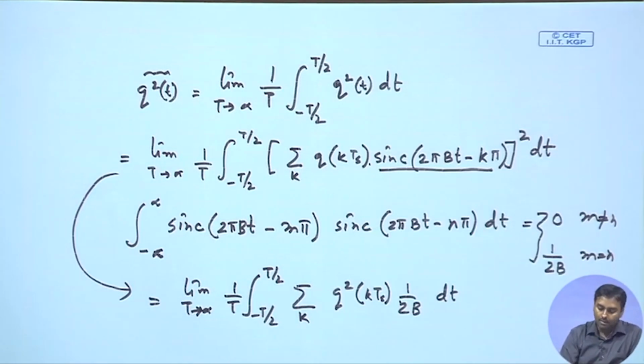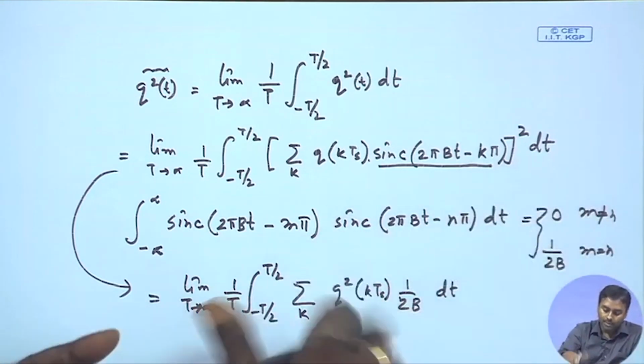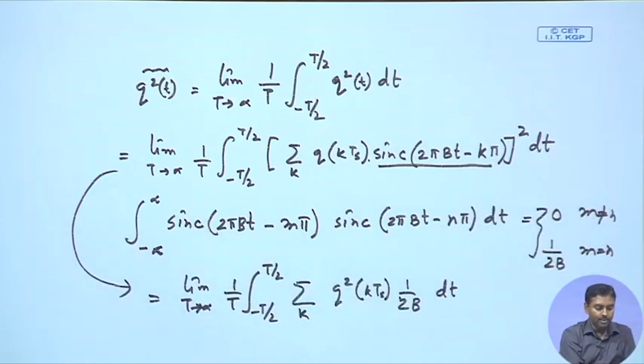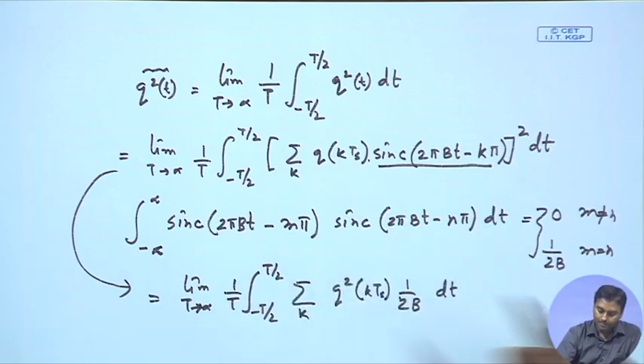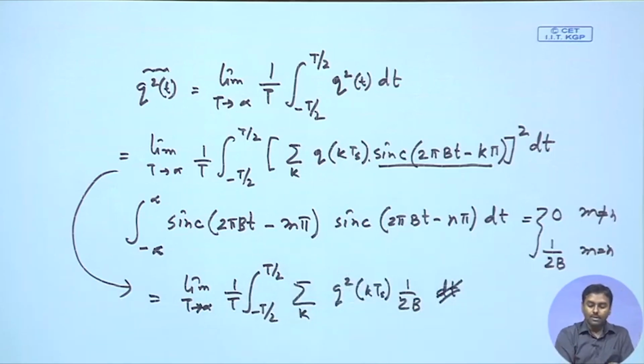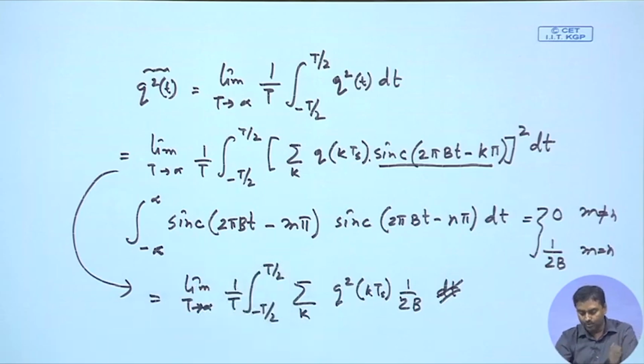Of course, sinc square will come, then you integrate, and basically you get 1 by 2b, right. So, this is what we get. Of course, dt goes out because you have already done that integration. With t tending to infinity, the limits go from minus t by 2 to plus t by 2 to infinity, and then that integration you can evaluate. So, you get 1 by 2b.